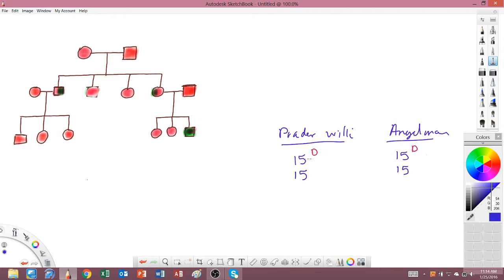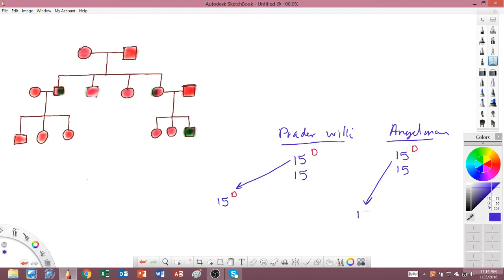So on chromosome 15, paternal chromosome 15, if the gene is deleted, okay, let's say one of the children inherits this. Let's just do it this way. So Prader-Willi is from paternal deletion. So let's say one of the children inherits the deleted chromosome from dad, and in this family you inherit the deleted gene from who?